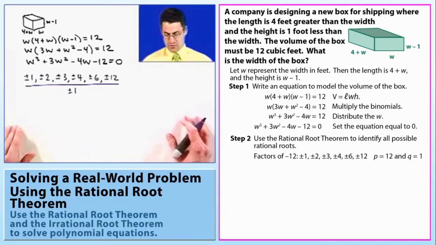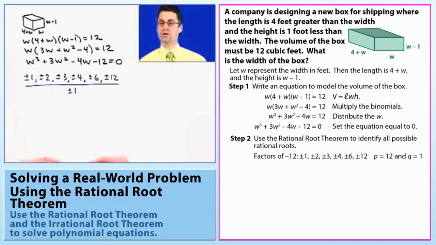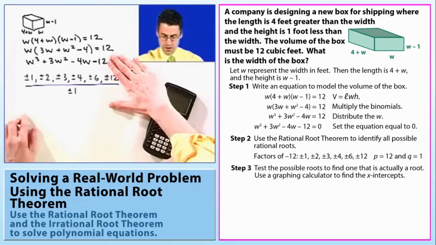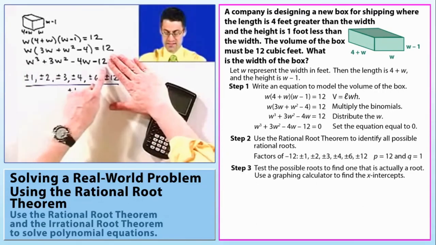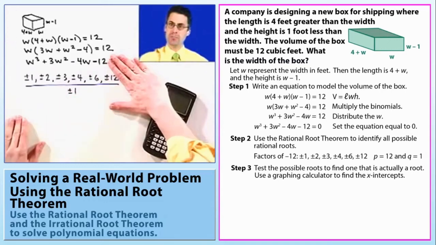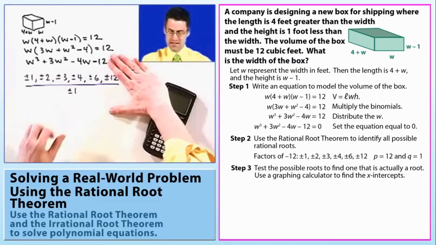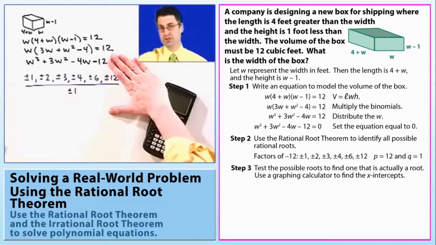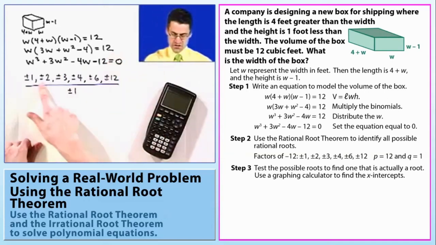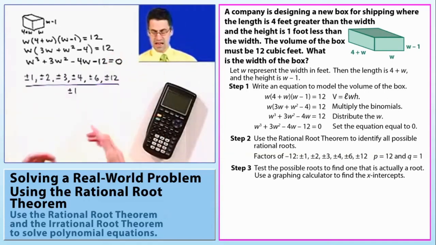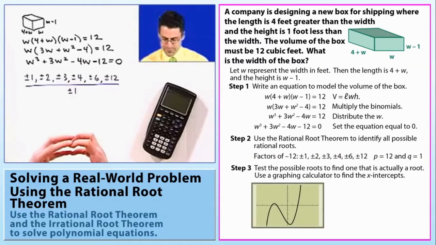And so which ones might be solutions? Well, what we can do is use a graphing calculator to graph the function y equals this and see how many places it crosses the x-axis, or in this case the W-axis, and then see which of these seems to be close. And when we do that, we see that a couple of them are close.